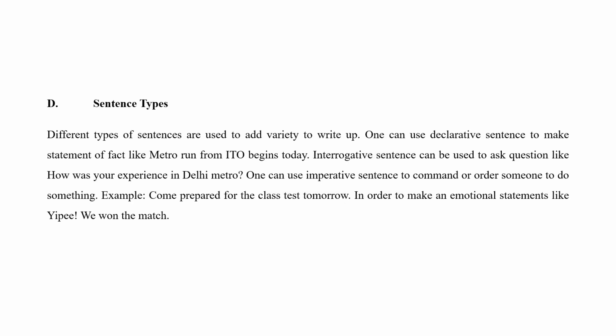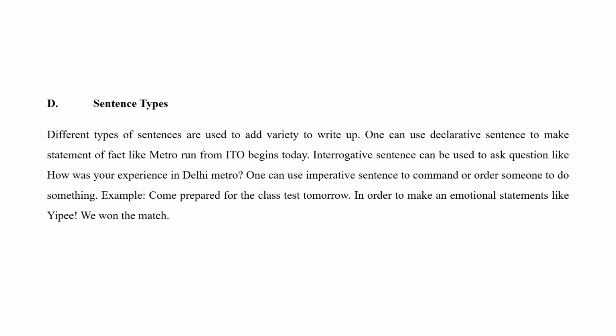Sentence types. Different types of sentences are used to add variety to a write-up. One can use a declarative sentence to make a statement of fact, like: Metro run from ITO begins today.